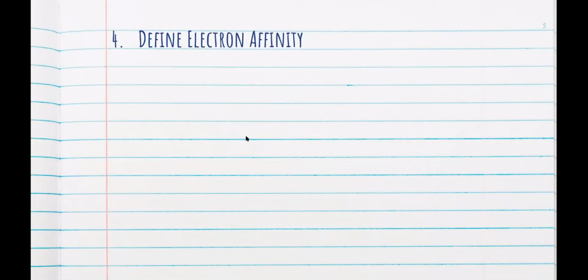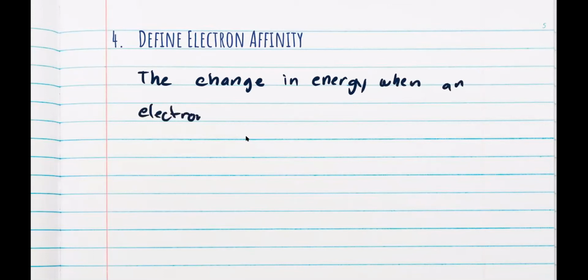For our last definition, we need to define electron affinity. And very simply put again, it's just the change in energy when an electron is added to a neutral atom.